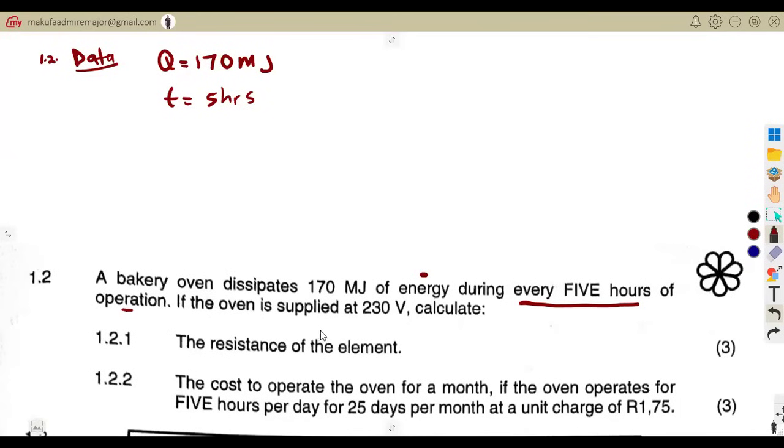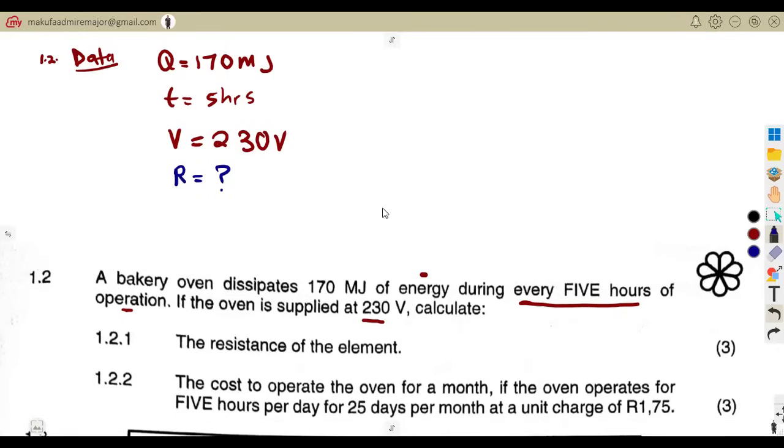And if the oven is supplied at 230 volts, calculate 1.2, the resistance of the element. All right, you have voltage here, and they want you to calculate the resistance.